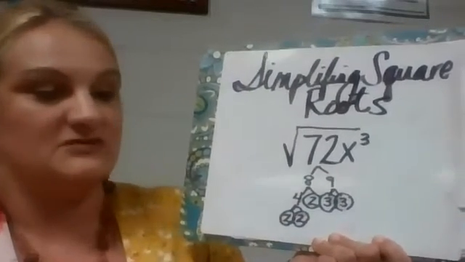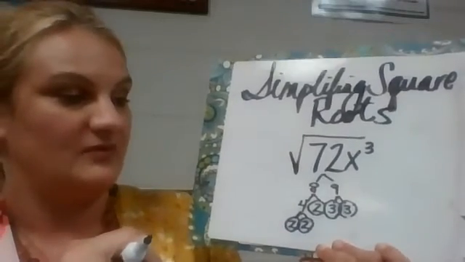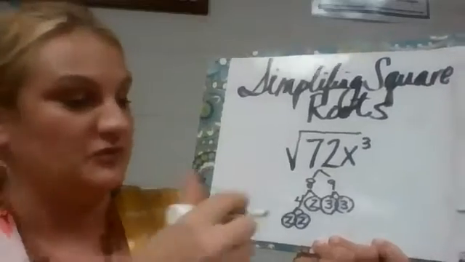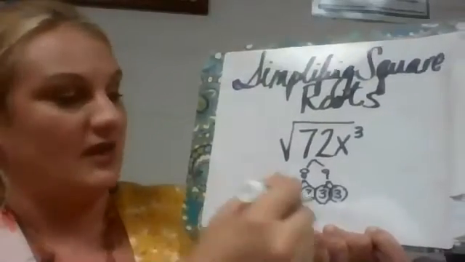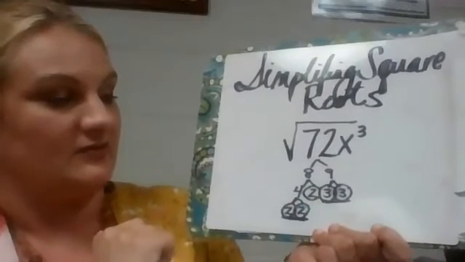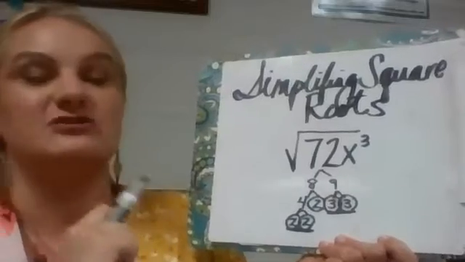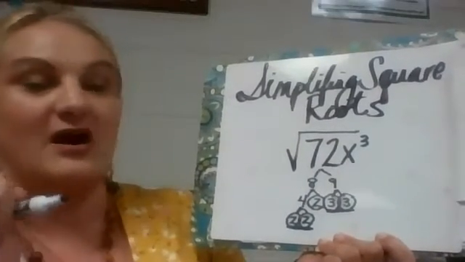Now your job is to match them up. So you will match them up by which ones are alike. Well, you have a pair of 2s that are alike, and you have a pair of 3s that are alike, and they like each other so much, they're going to go out on a date.